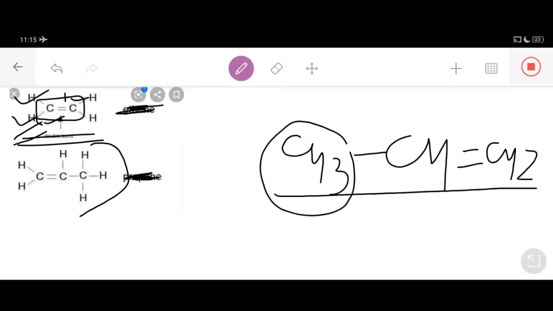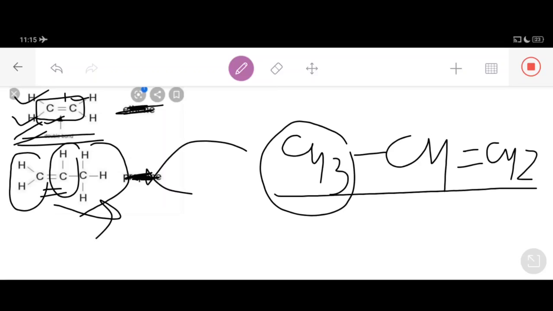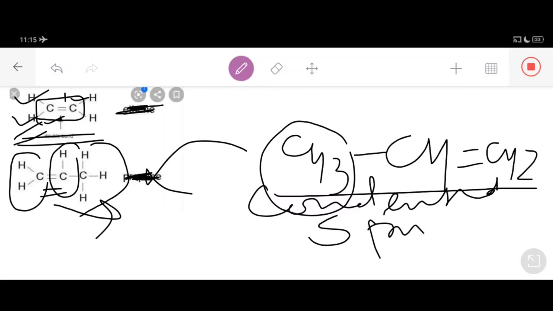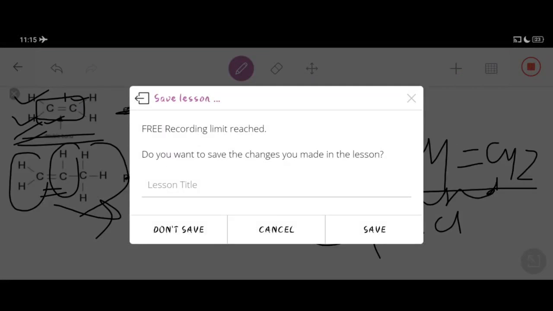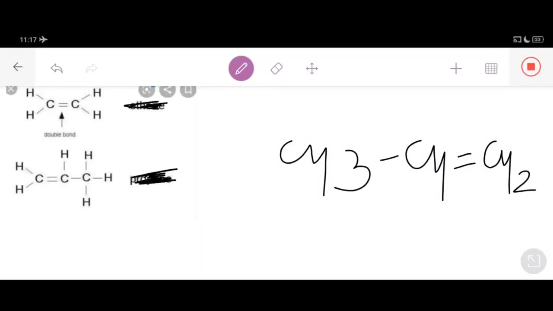Now single bond CH, now double bond here, then CH2. That means an open structure. So this is the open structure of this compound, and this is the condensed structure, dear students. So this is actually the condensed formula of this open structure.